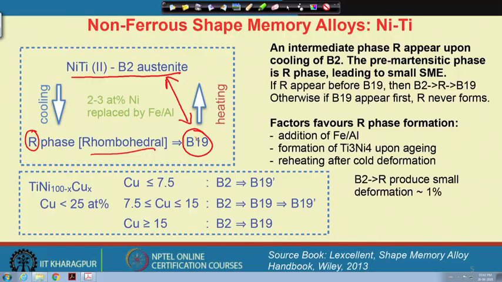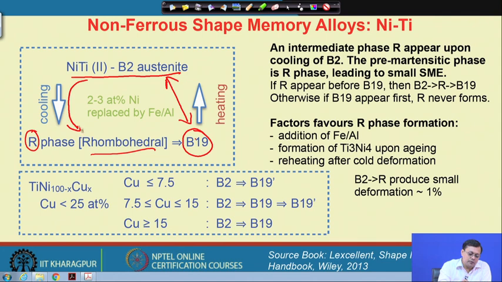Here R basically stands for a rhombohedral type of structure, means before a B19 martensite, the B2 during cooling transforms into R, and then this R will transform into B19. And such a particular transformation occurs when 2 to 3 atom percent of nickel is replaced by some iron and aluminum. So, there is such a problem that appears.